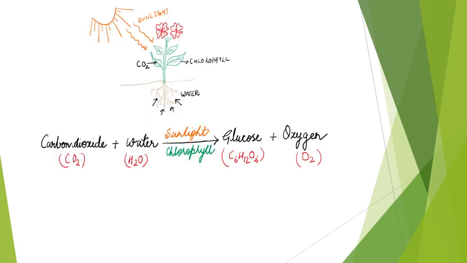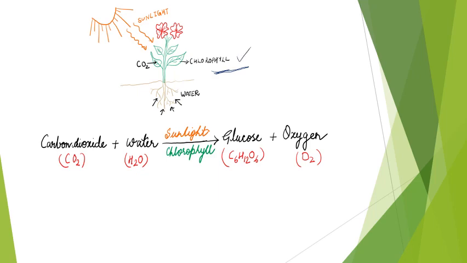So now we know that photosynthesis is the process which is performed by green plants. Why only green plants? Because of the presence of a special pigment, chlorophyll.